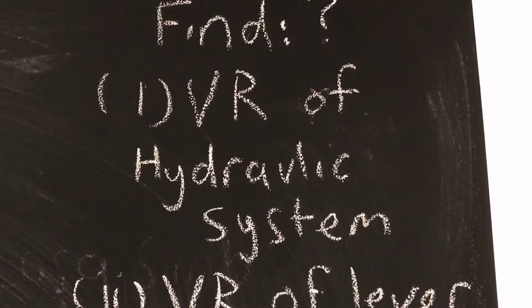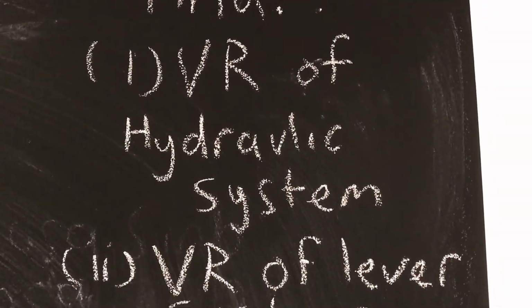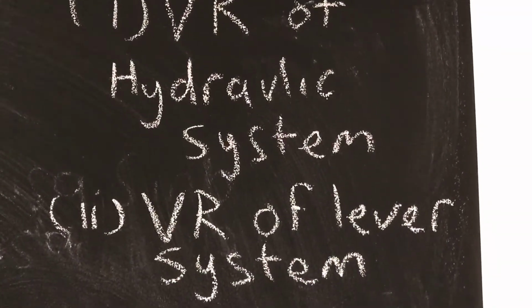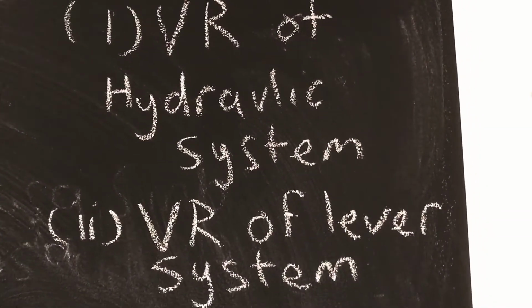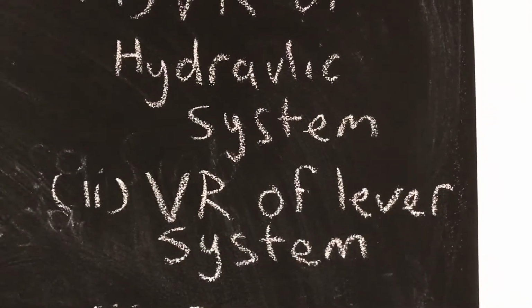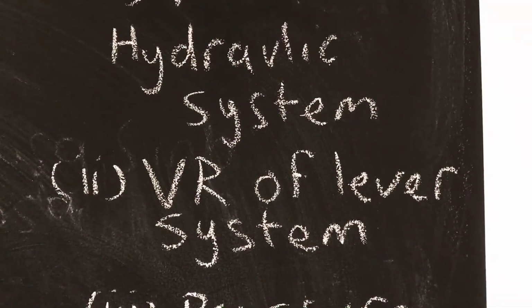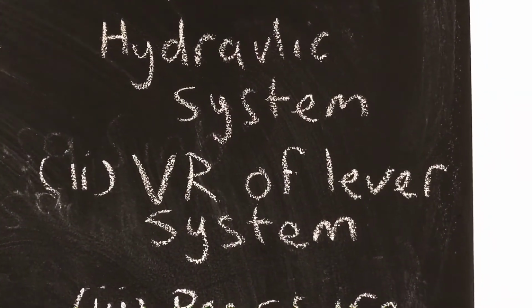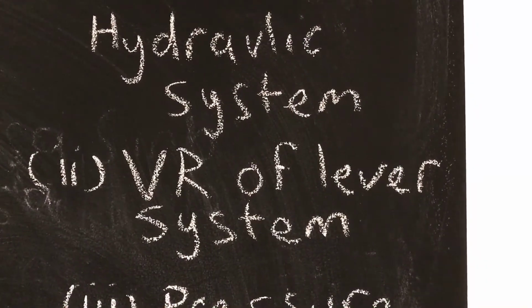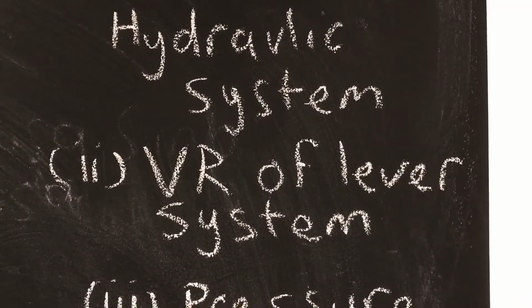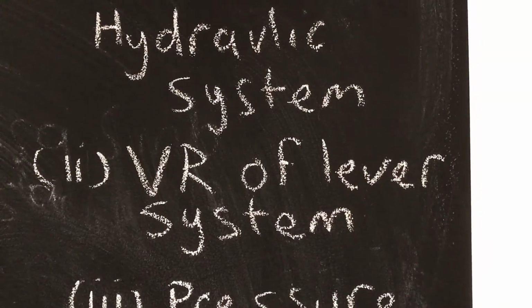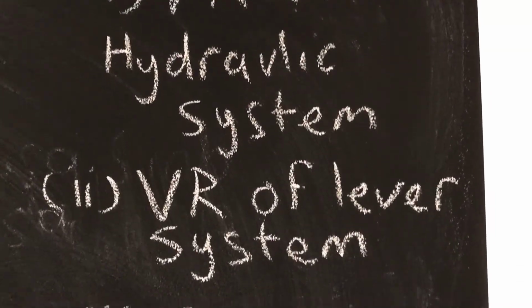When you think of velocity ratio, you can probably start thinking about force magnification in a perfect system, or the speed of the system. But let's just think of it, if it's 100% efficiency, as how much more force you're going to get out compared to how much you put in, or how little, depending on whether it's less than 1 or greater than 1. But anyway, we'll get on to that.